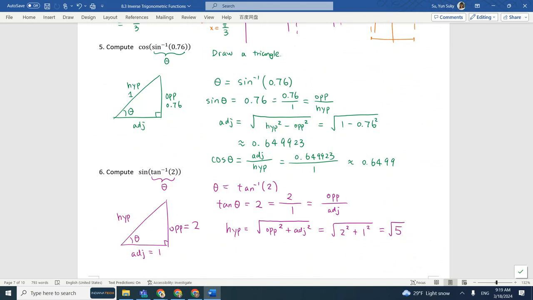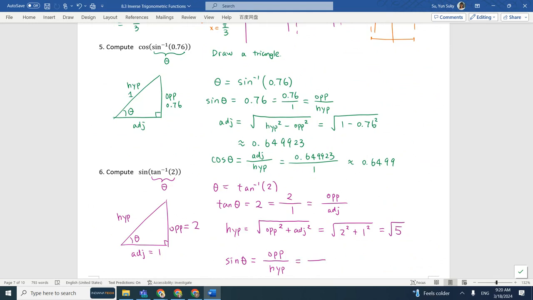Good. Now, what are we looking for? We're looking for sine theta, and sine theta is opposite over hypotenuse.